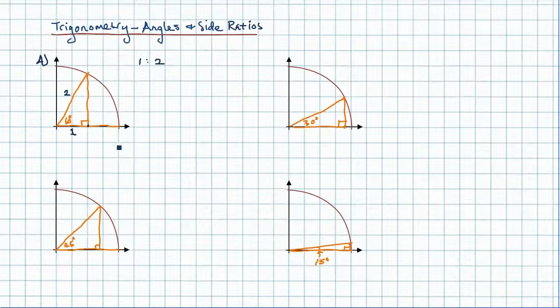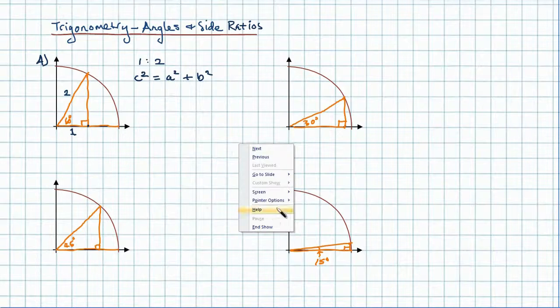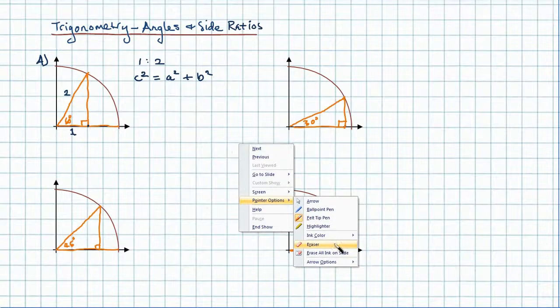Okay, so the question now arises: what's this length here? If we like the height, or this middle length here. Well, the answer is √3. How do I know it's √3? The answer is Pythagoras. Pythagoras tells us that c squared equals a squared plus b squared. And of course we know that a is 1.